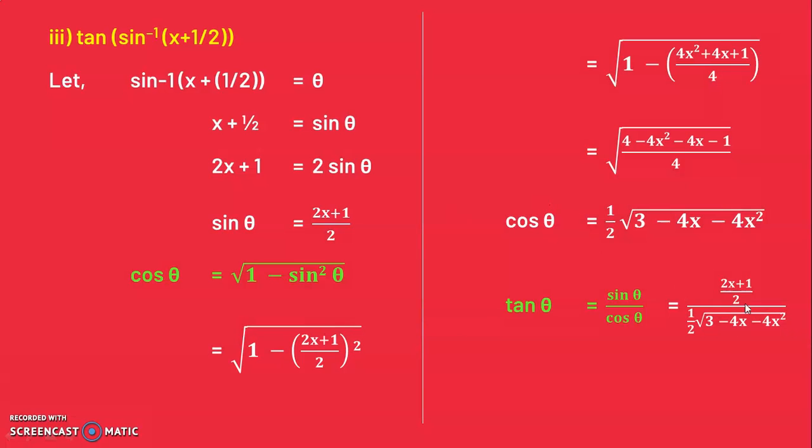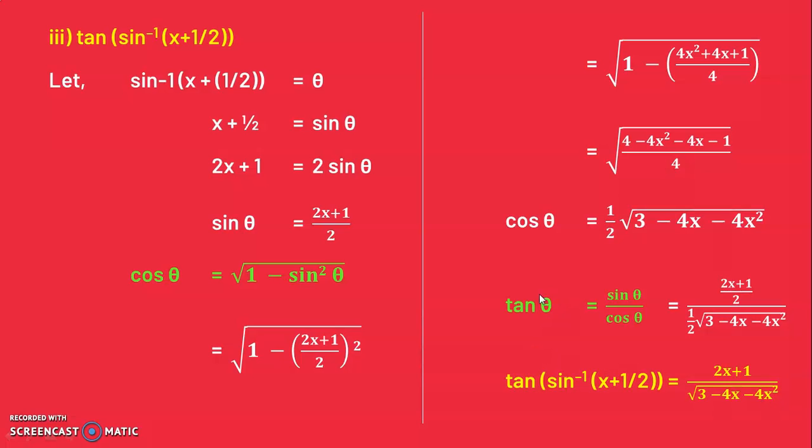Sin theta is (2x plus 1) divided by 2, and the whole is divided by your cos theta, which is 1 by 2 times the square root of 3 minus 4x minus 4x squared. This 2 in the numerator and this 2 in the denominator will get cancelled. So your answer will be (2x plus 1) divided by the square root of 3 minus 4x minus 4x squared.